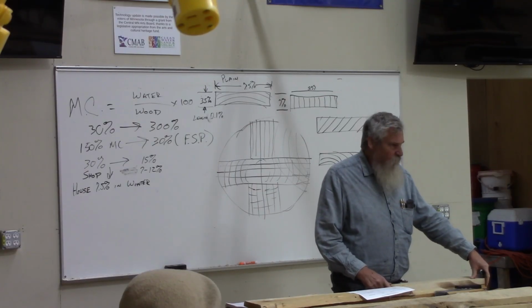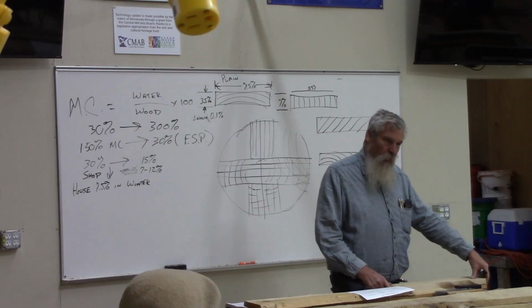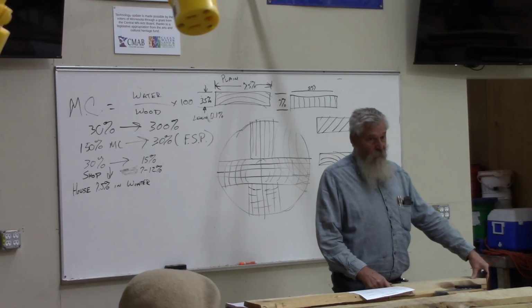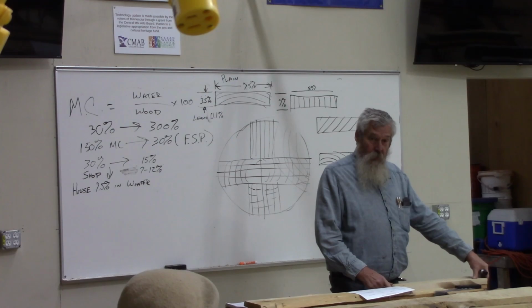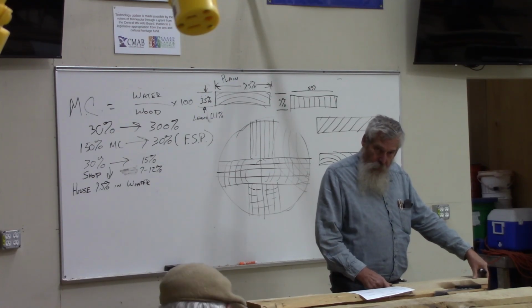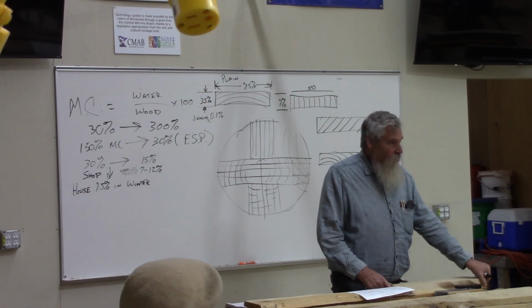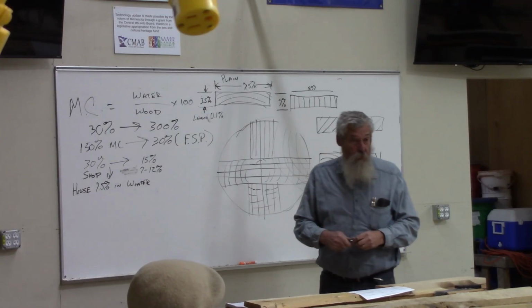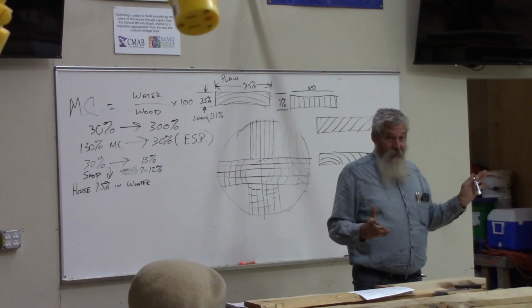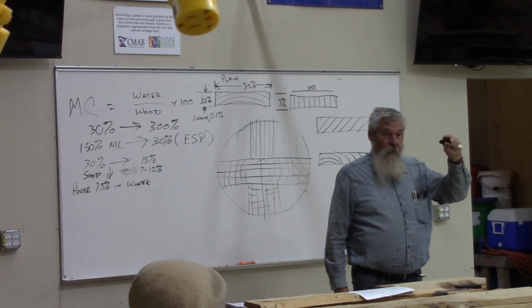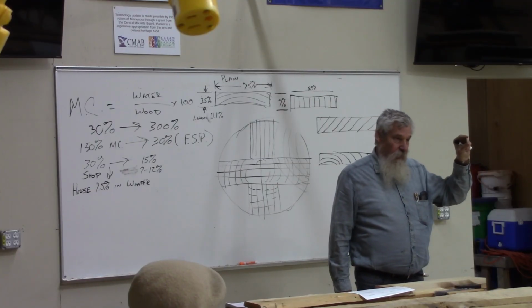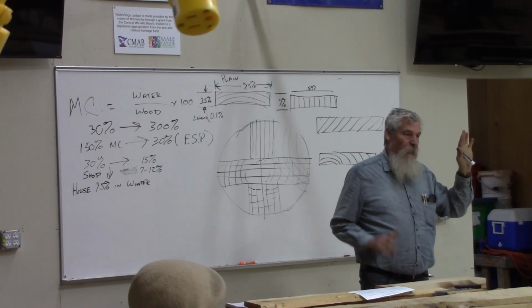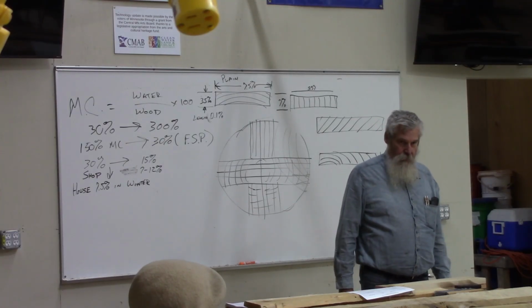So 4-quarter wood is 1 inch, 5-quarter is 1.25 inches. If you start with 4-quarter wood at 15% moisture and take it to 8% moisture content, it's going to shrink and you'll end up about 7/8 of an inch.